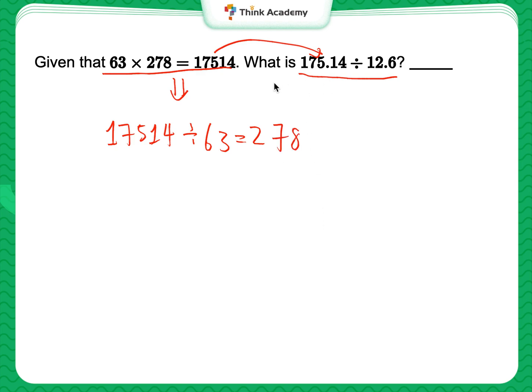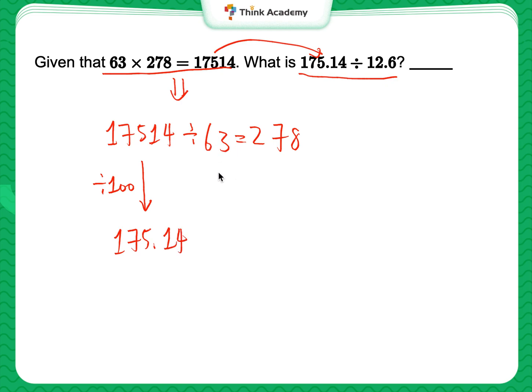And now let's see what changes we need to turn the first calculation into the second one. So first of all, I'm dividing the dividend 17,514 by 100 to get 175.14.